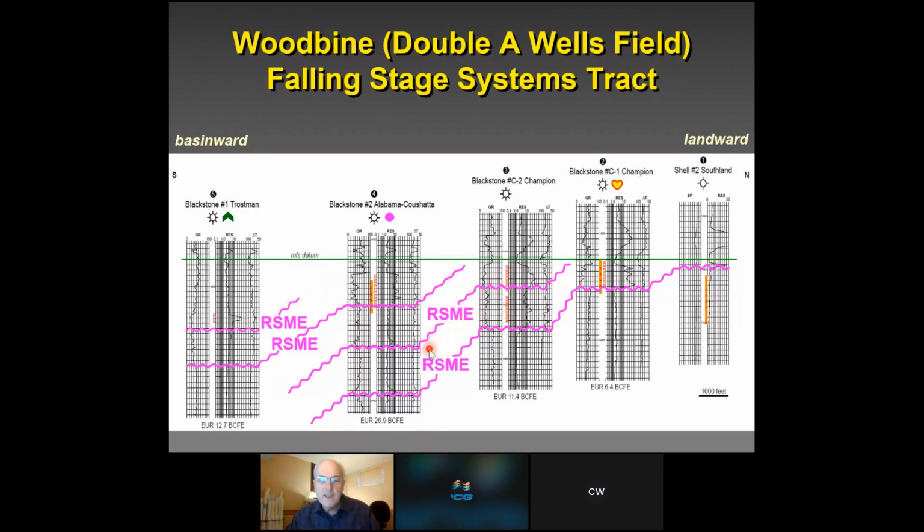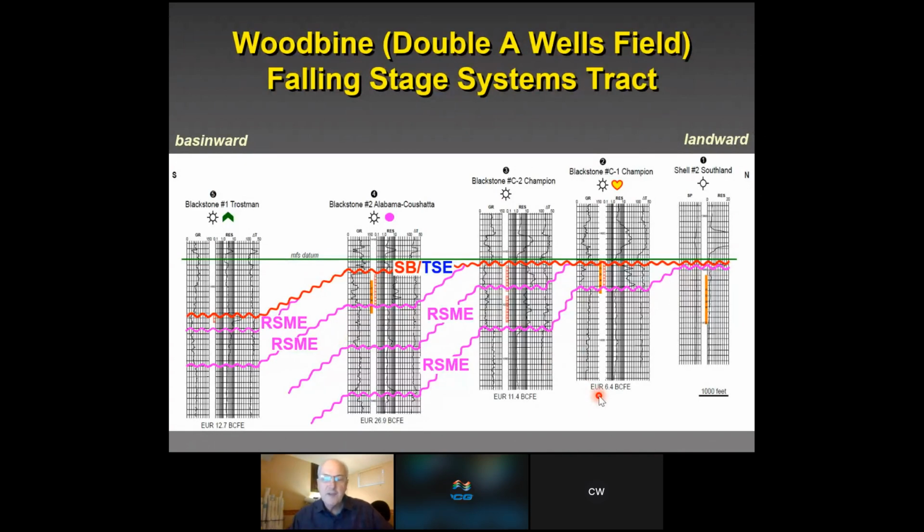We can actually resolve those dipping reflections on the seismic data, and it explains why, for instance, this reservoir is not in communication with that reservoir, is not in communication with that reservoir, because these are barriers to fluid flow, barriers to reservoir pressure. And then again, the top seal is that merged sequence boundary transgressive surface of erosion.